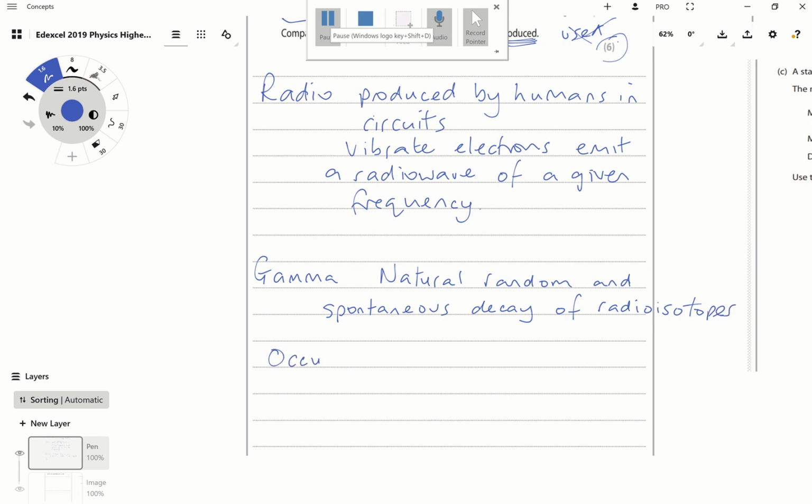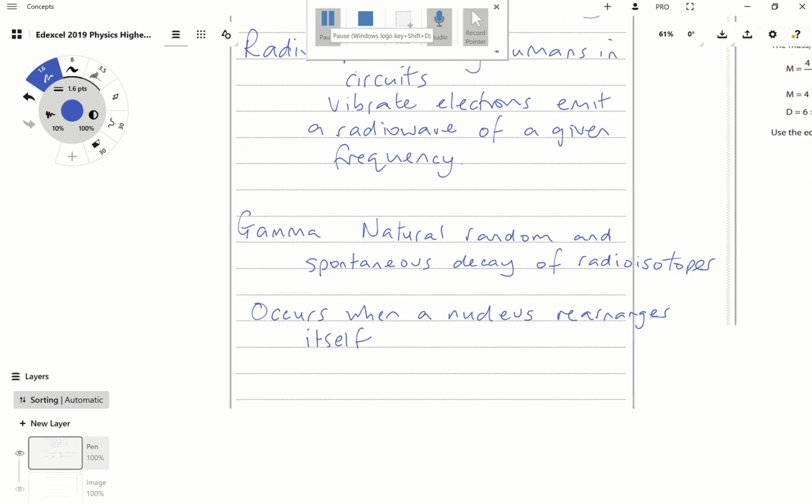It occurs when a nucleus rearranges itself. I think that's pretty much there. So naturally, radioisotopes decay when a nucleus rearranges itself. Got those keywords in there.